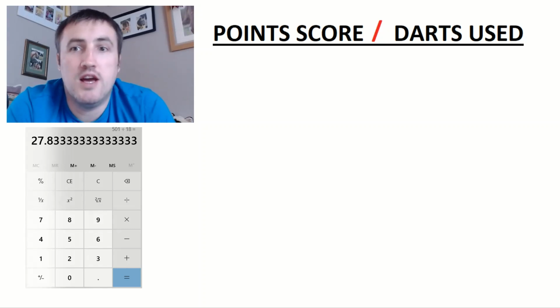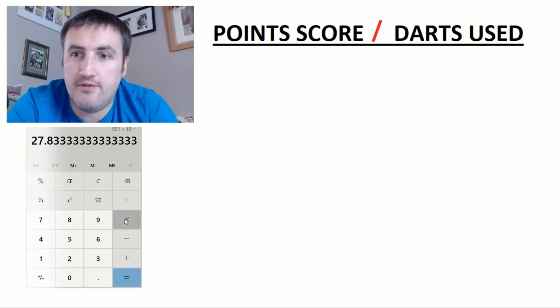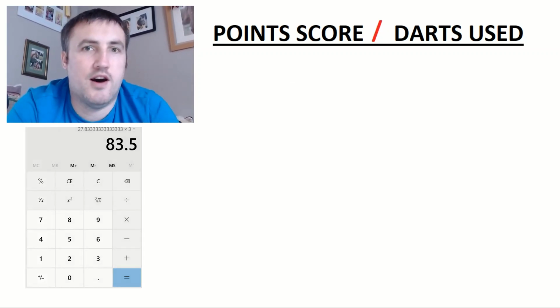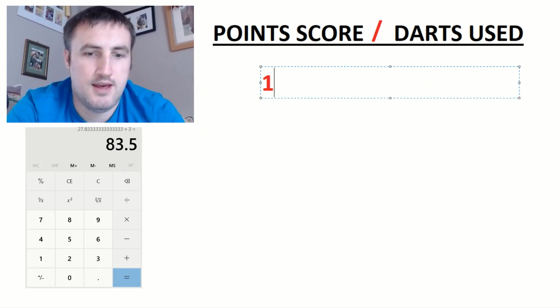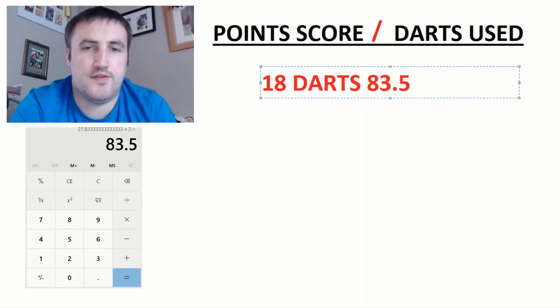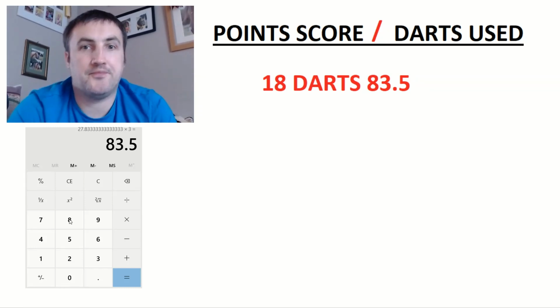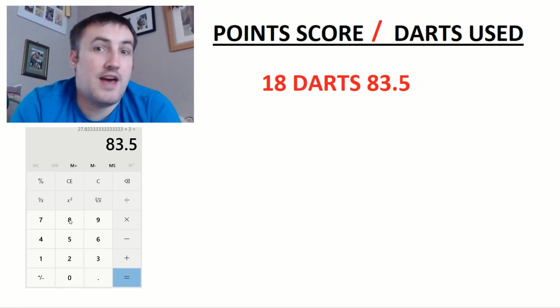In the example I gave you earlier on, that is a 3-dart average. So what you're going to do is you take this number, 27, we times it by 3, gives us our average of 83.5. So I can just write in here, 18 darts, 83.5 for that leg. That's how simple it is, guys. Now, this accounts for everything.